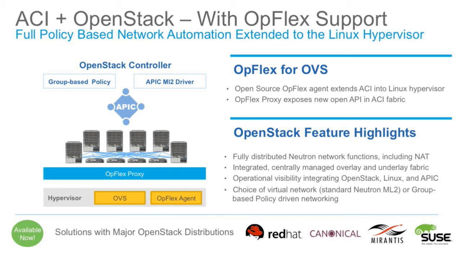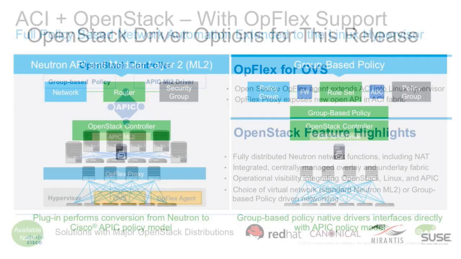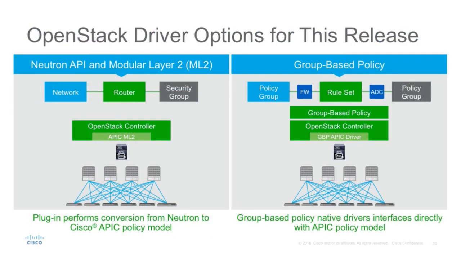Another thing that we have is a choice of two different ways of deploying applications on OpenStack. One is the traditional Neutron API, which we call the modular layer 2 plugin. This is a confusion because both plugins are modular layer 2, but one uses the Neutron API and the other uses an API called Group-Based Policy.